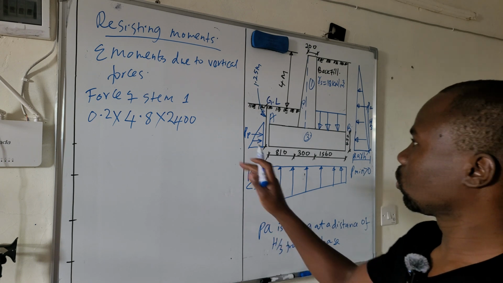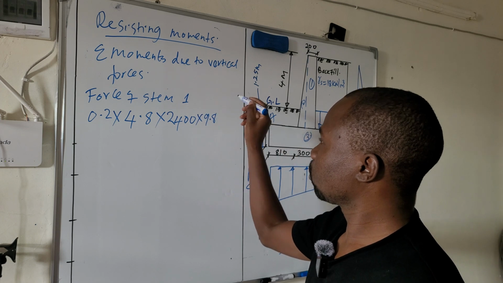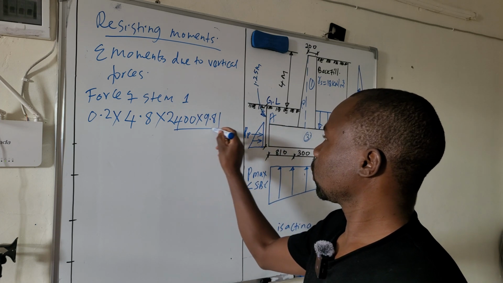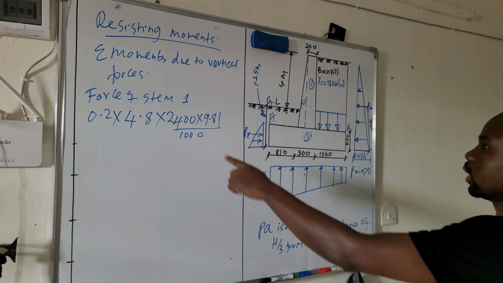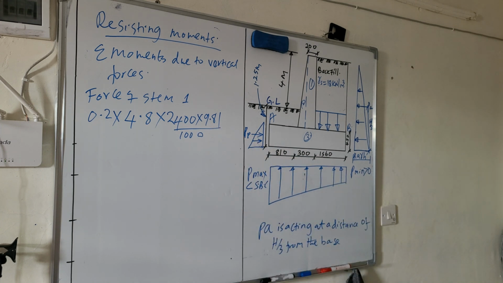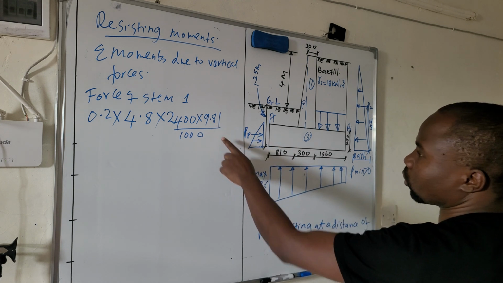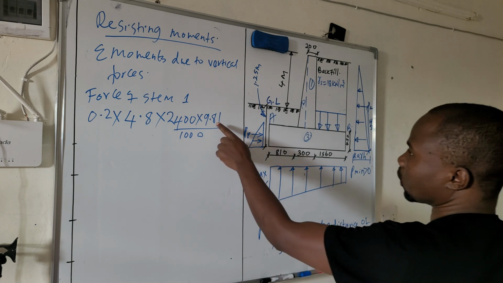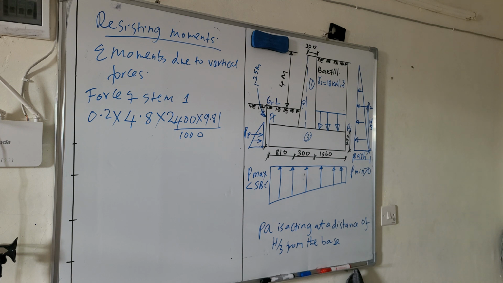So you take 24 times gravitational acceleration, which is 9.81, then over 1,000. So you take the density times gravitational acceleration. By doing so, you will get the unit weight in Newton per meter cubic. Then you divide by 1,000. You will get the unit weight in kilo Newton per meter cubic.